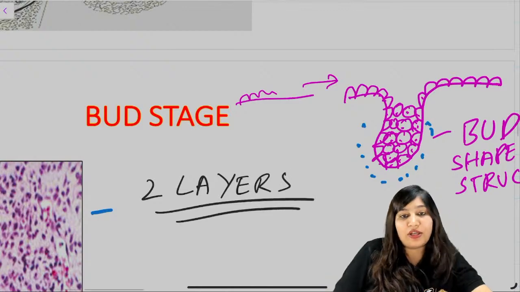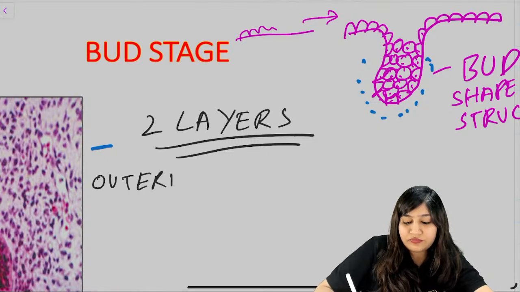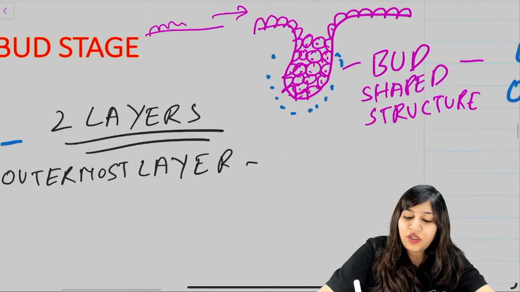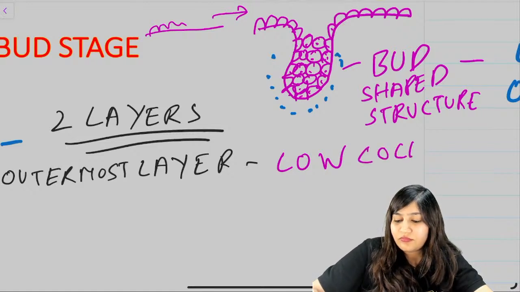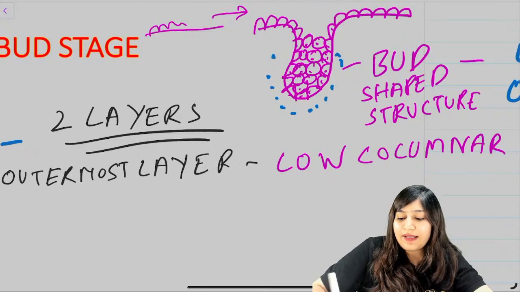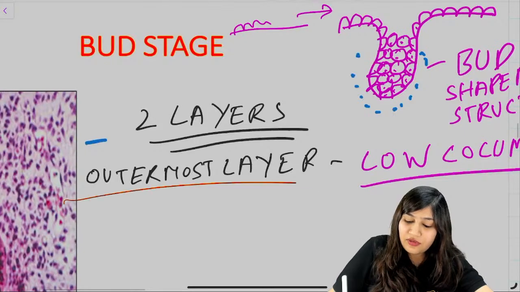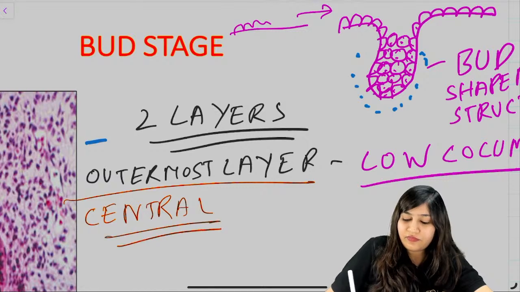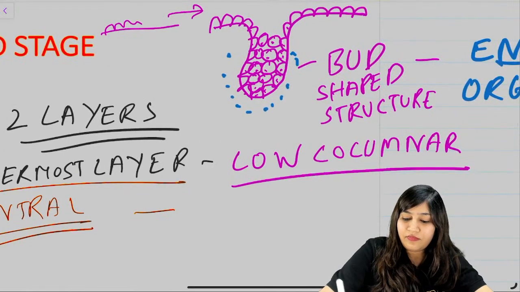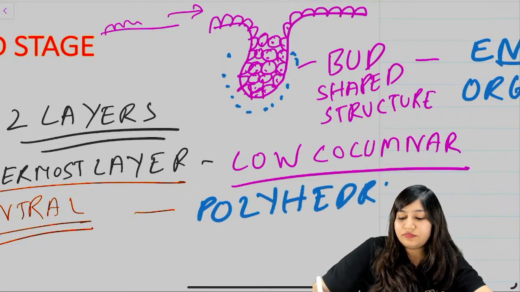So in bird stage we have basically two layers present in the enamel organ. The outermost layer is low columnar, and centrally we have polyhedral cells.